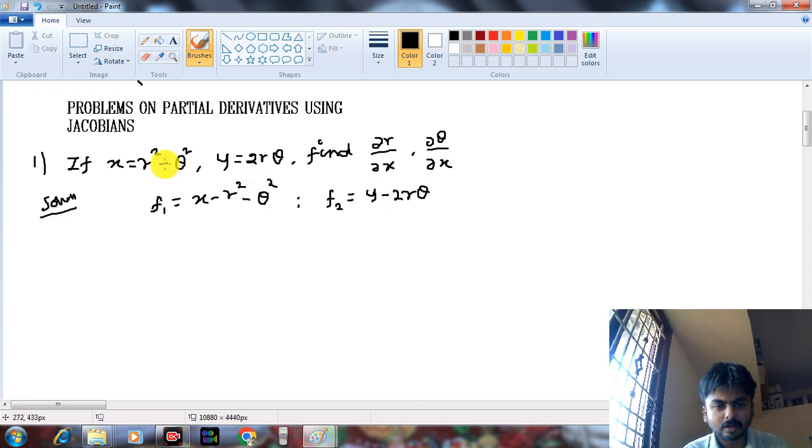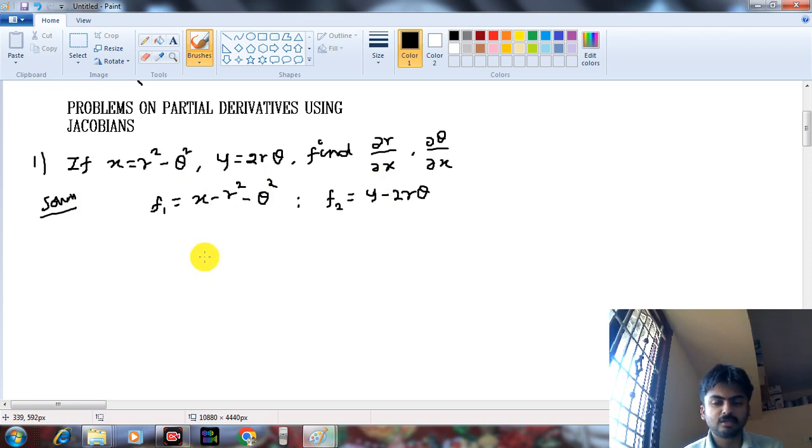According to the condition of Jacobian, they have given f1 of u, v, x, y equal to 0, f2 of u, v, x, y equal to 0. So instead of that we have here r, θ, that is f1 of x, y, r, θ equals 0 and f2 of x, y, r, θ equals 0. You can ask, here there is no y and here there is no x, but anyway we have to tell it like that.